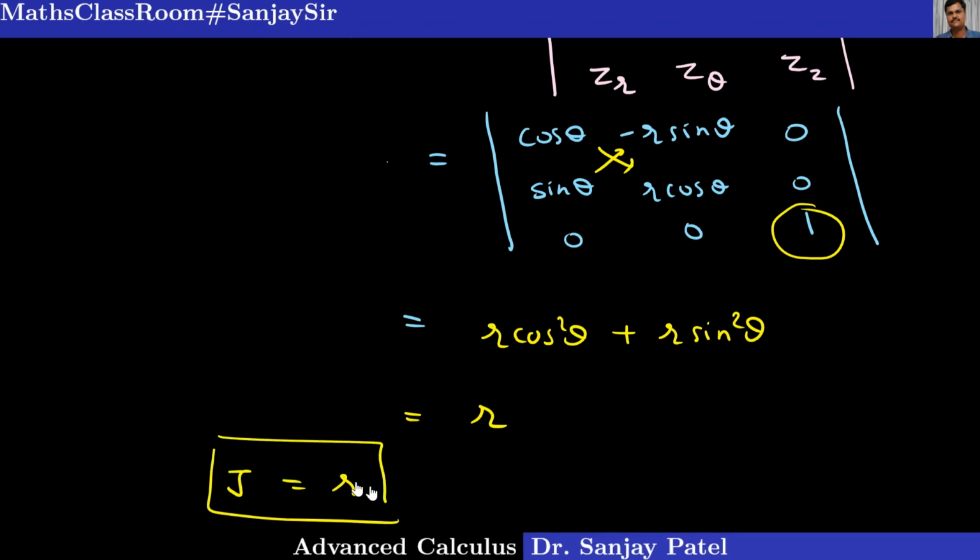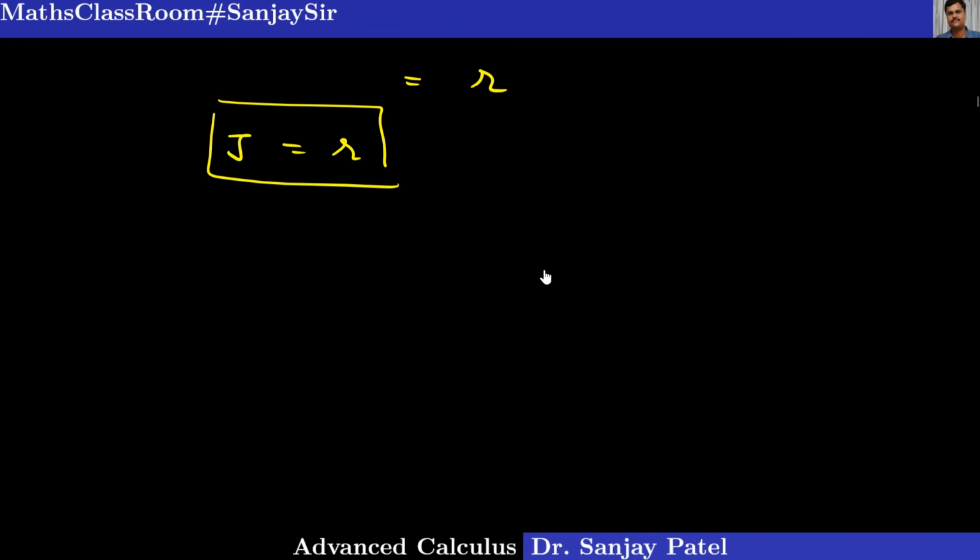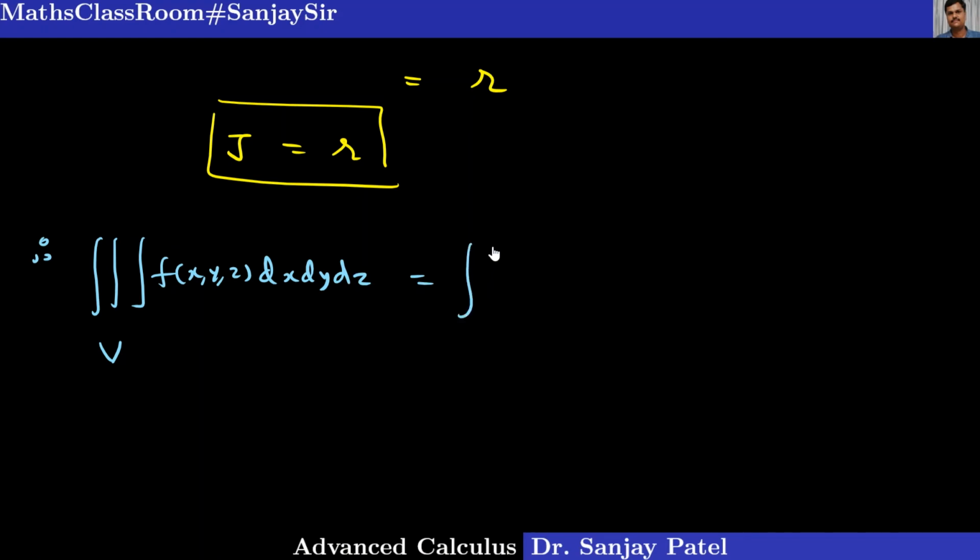So the transformation of the triple integral into the cylindrical coordinate system is given by this formula. The triple integral over V of a function f of x, y, z dx dy dz is equal to the triple integral over the new volume V dash of capital F. Now we substitute x, y, z in terms of r, theta, z: wherever x, y, z appears we substitute x equal to r cos theta, y equal to r sin theta, and z equal to z.